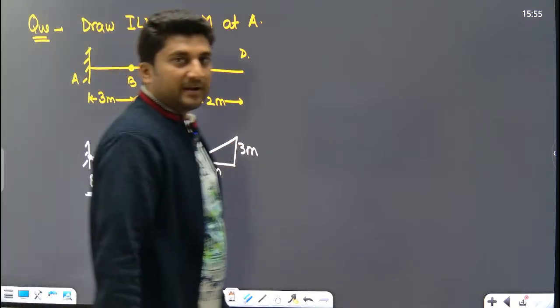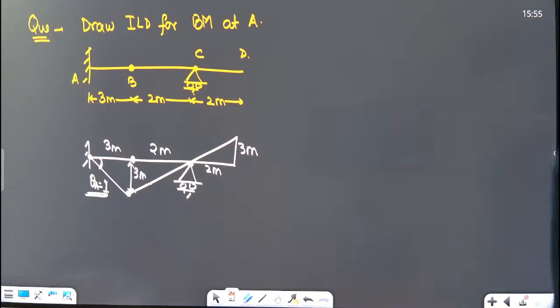This is the ILD for bending moment at A. Clear? Understood everyone?